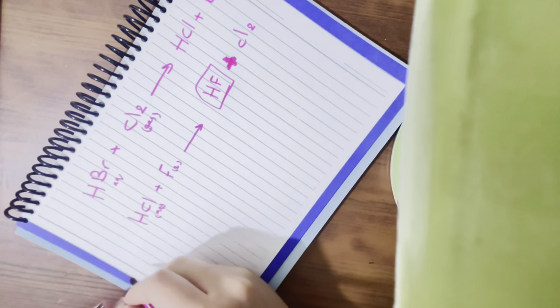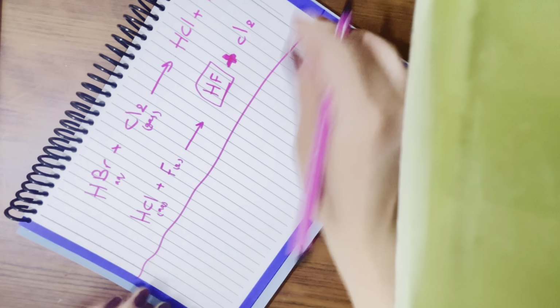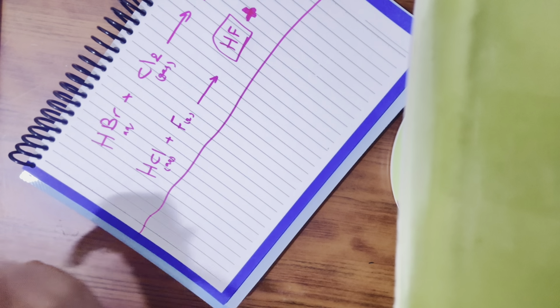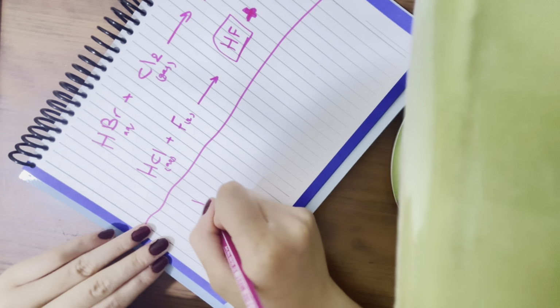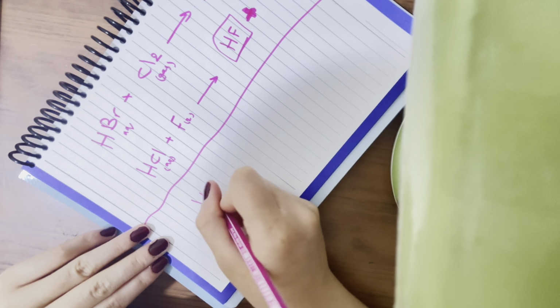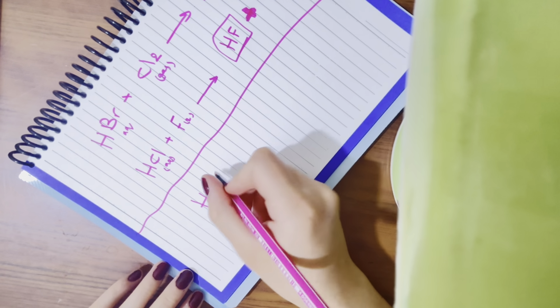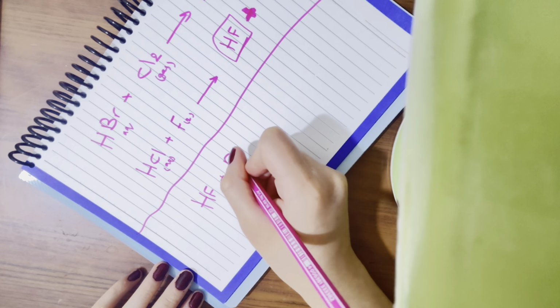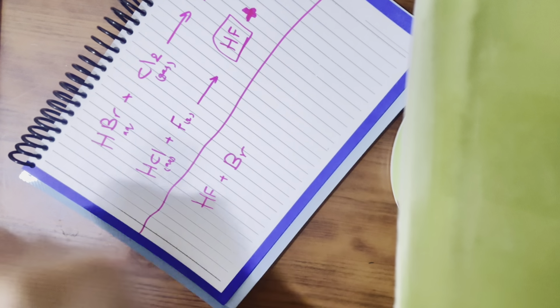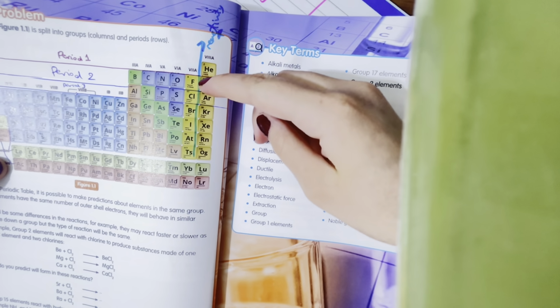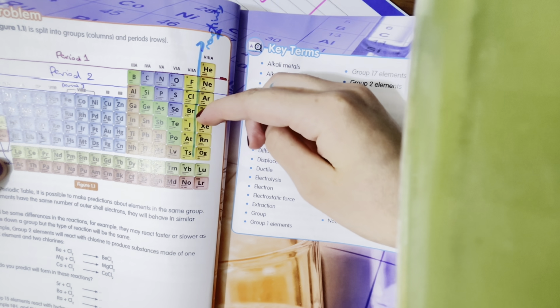Let's take another reaction, totally new, and by this we will finish this. Let's see if we have HF, and HF is reacting with bromine. Let's do a comparison. Which one is stronger, fluorine or bromine?